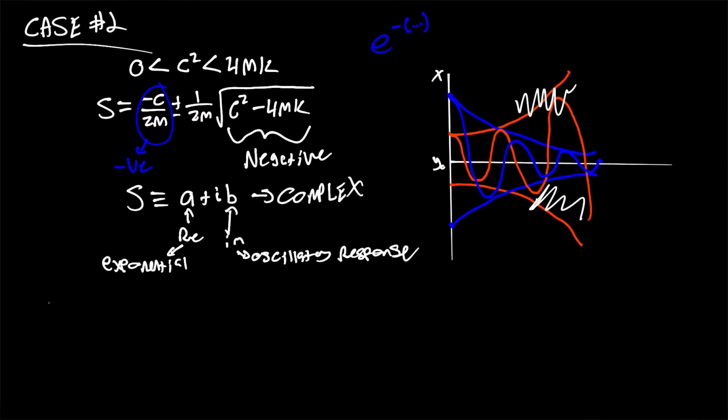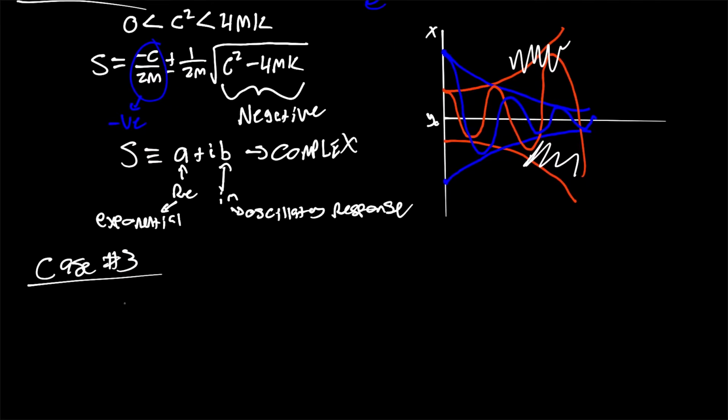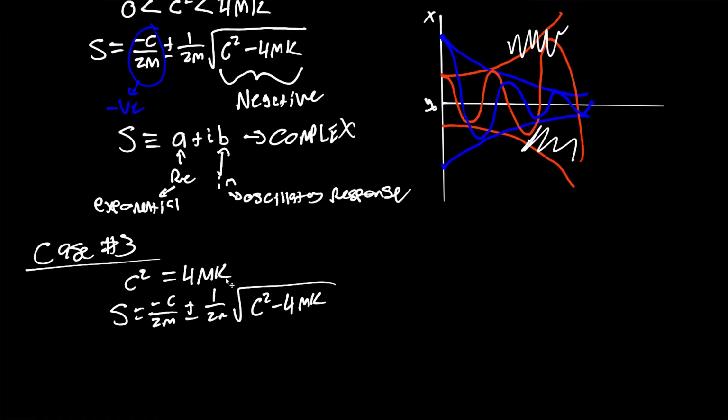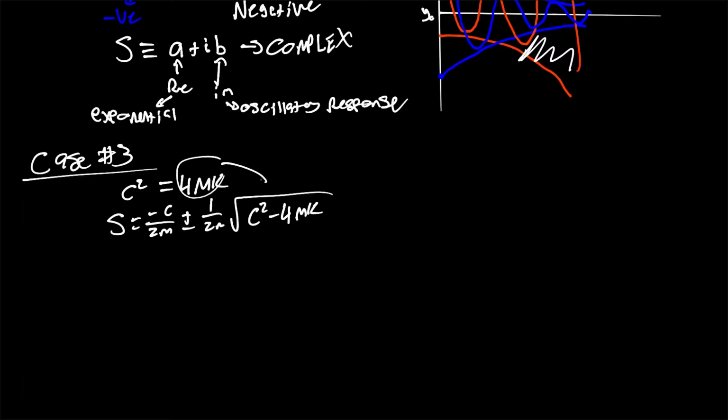Let's take a look at a third case here. A third case is where c squared equals 4mk. And let's get our root in here. If c squared is equal to 4mk, then our square root is going to be equal to 0.